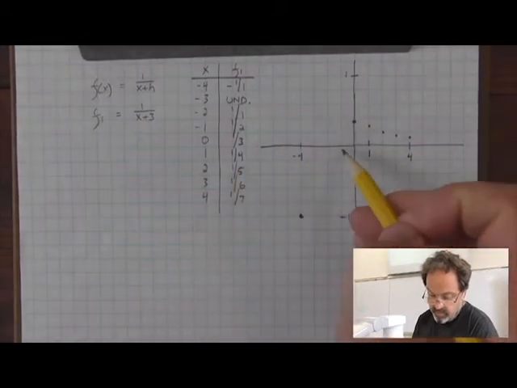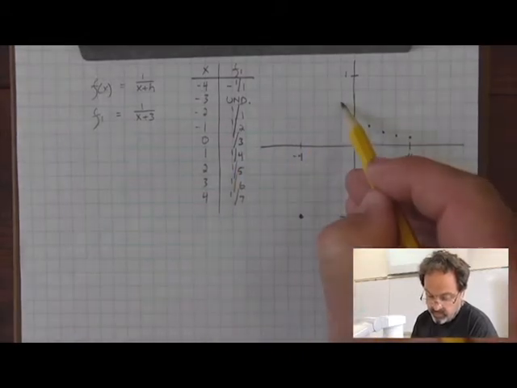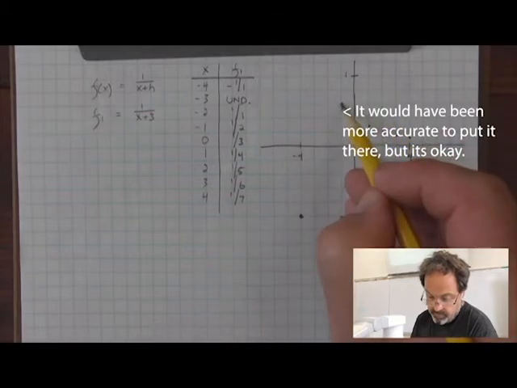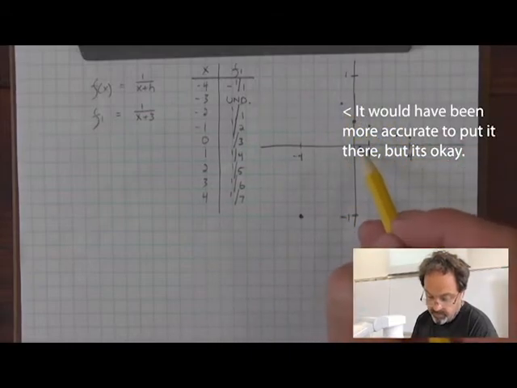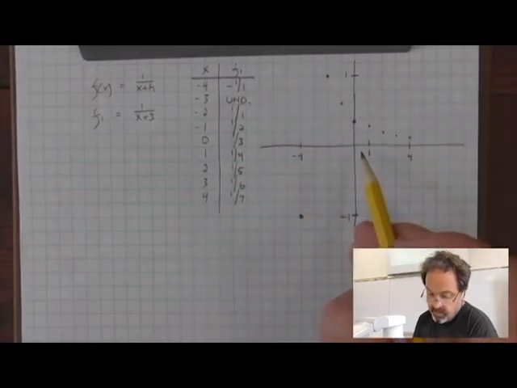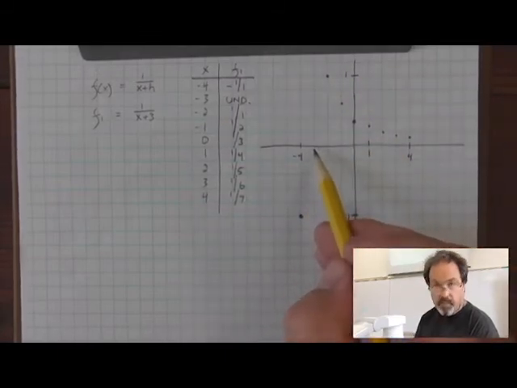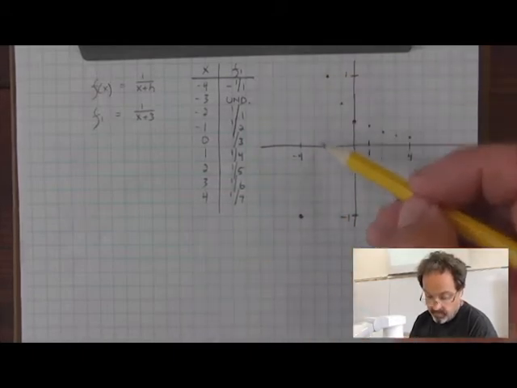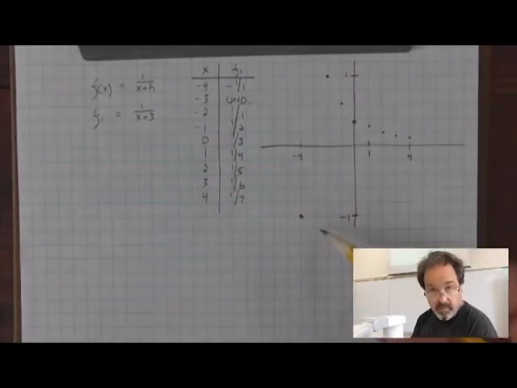Let's go backwards. At -1, there's a 1/2. At -2, it's 1. So here's -2, up 1. And at -3, I have this problematic piece, this undefined location.